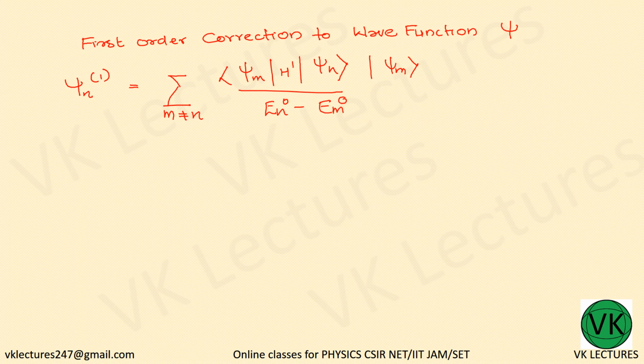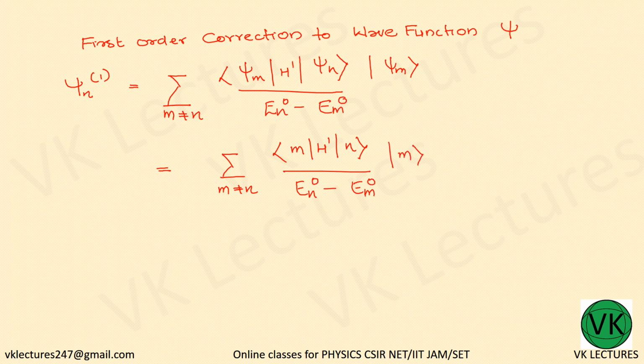So this is the first order correction to the wave function. This we can also write as the sum over m not equal to n of m h dash n by En naught minus Em naught into m.